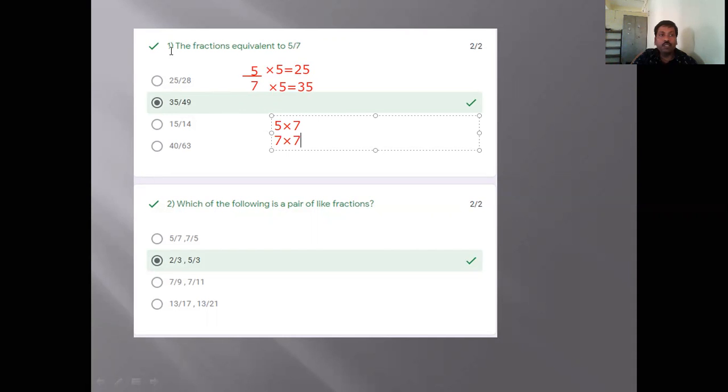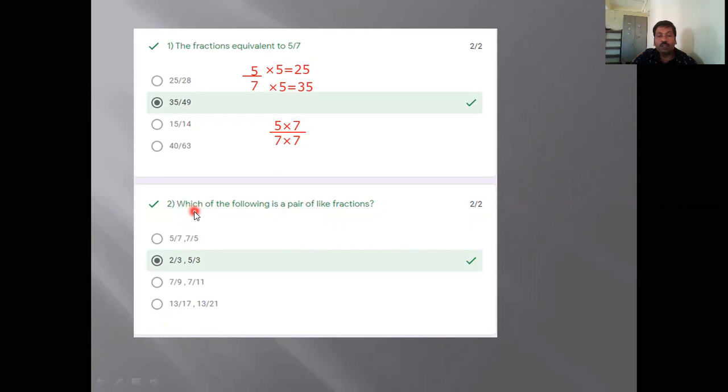We convert an equivalent fraction by multiplying or dividing the numerator and the denominator. 5 times 7 is 35 and 7 times 7 is 49. Which option will be correct? 35 by 49. So the answer will be 35 by 49.